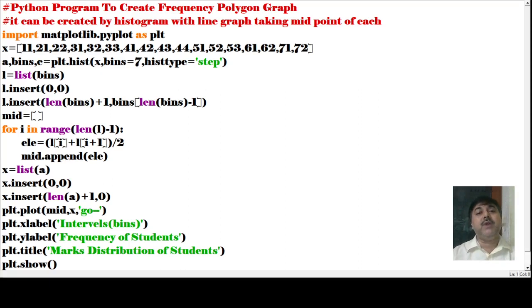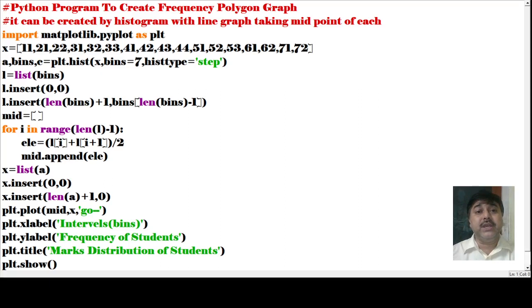That means what we have done, see here: at first we have imported matplotlib.pyplot. In this matplotlib.pyplot, I have taken some range of values, isn't it? So this is the range of values that I have taken here, and when those values have been taken, a means one variable has been taken for it, bins and c.